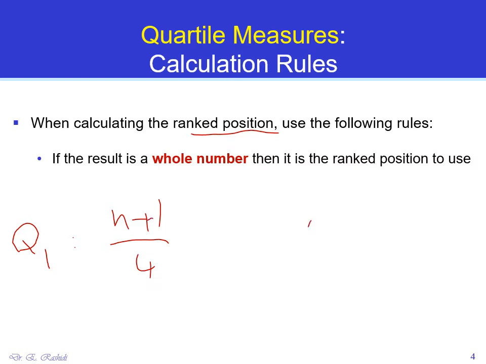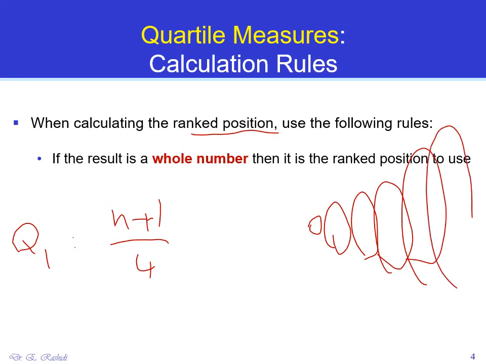You have ordered your data first from the smallest to the largest, right? And suppose this is a whole number. For example, 3 is a whole number, 5 is a whole number, when it doesn't have any decimals. So when it's a whole number, then that's going to give you the position of the quartile. So the first number, the second number, the third number. So if it's 3, the third number is your quartile.